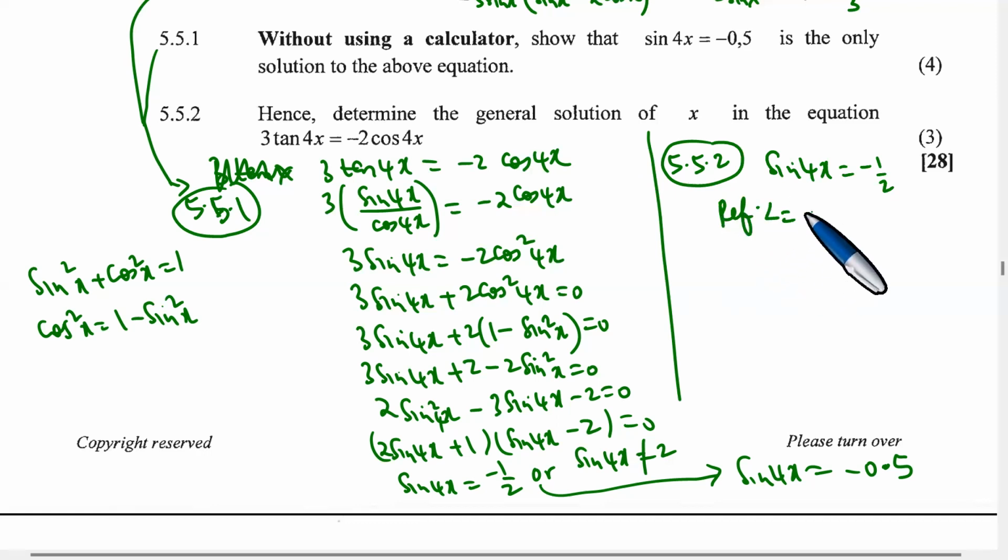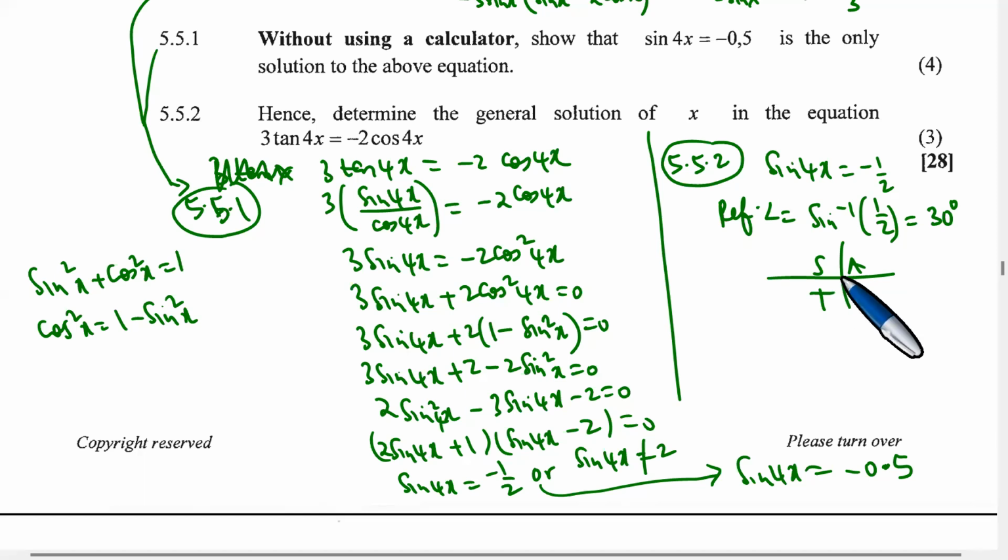Reference angle. To get the reference angle, we're going to do the arc sine of the positive ratio. If you do arc sine of 1/2, the result you're getting is 30 degrees. In view of the CAST rule, in which quadrants is the sine negative? The sine is negative in 2 quadrants.